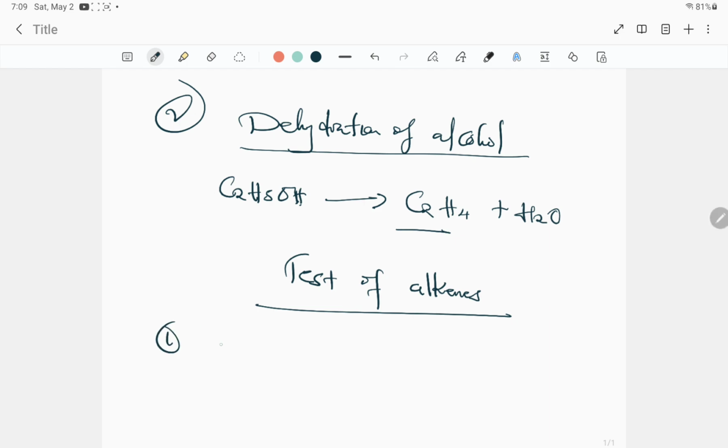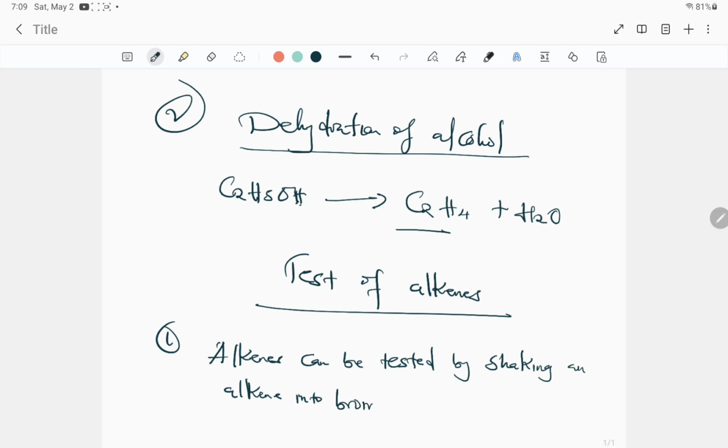The first method is that alkenes can be tested by shaking an alkene into bromine solution.